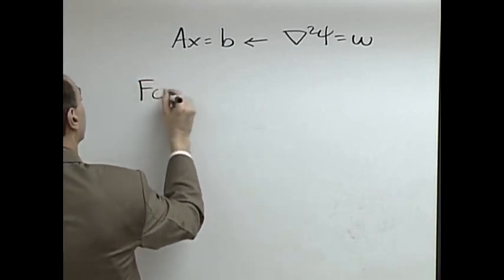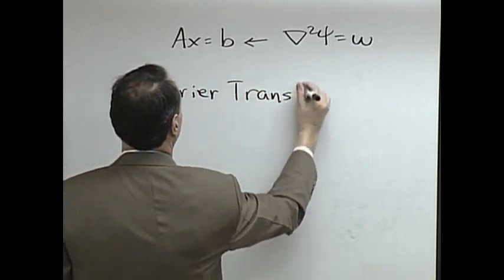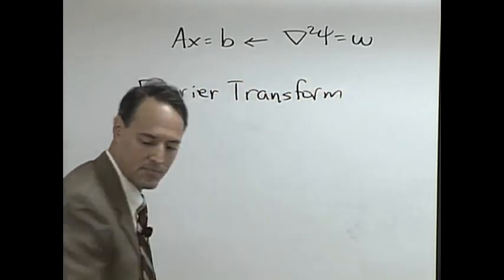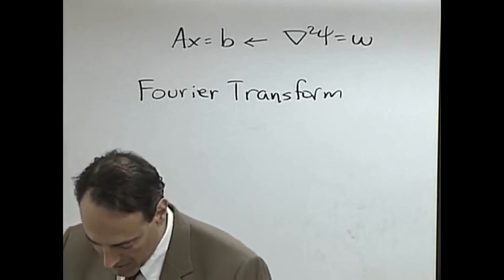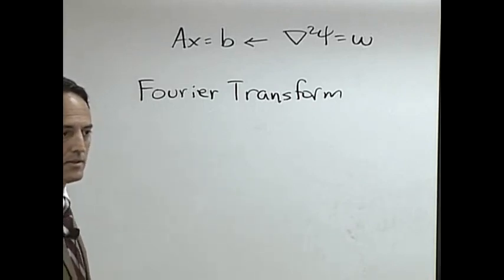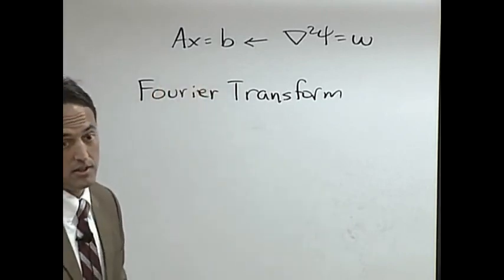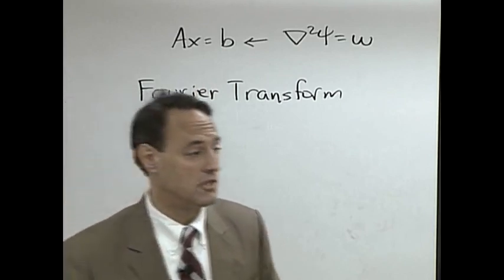Okay? Now, the Fourier transform is basically a way to represent data. If you want to think of that matrix as just data, in terms of frequency space.